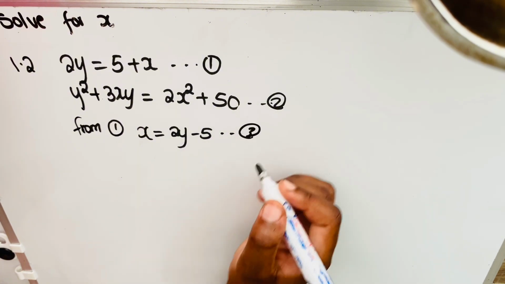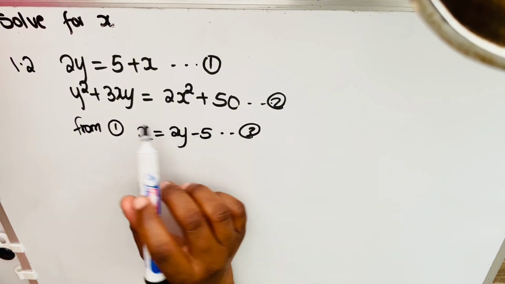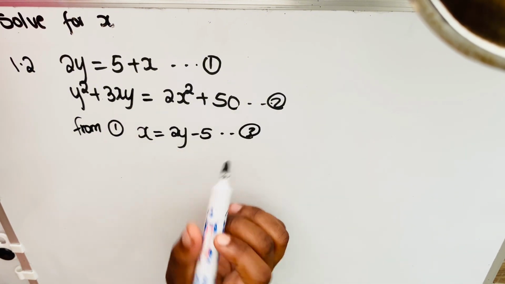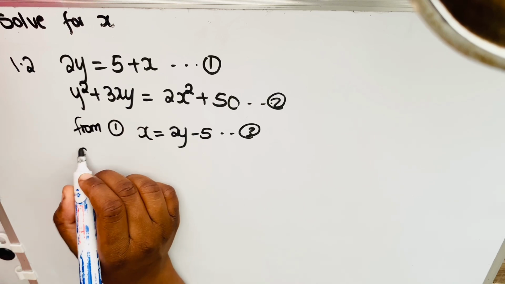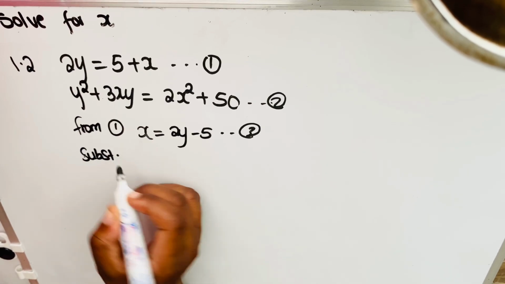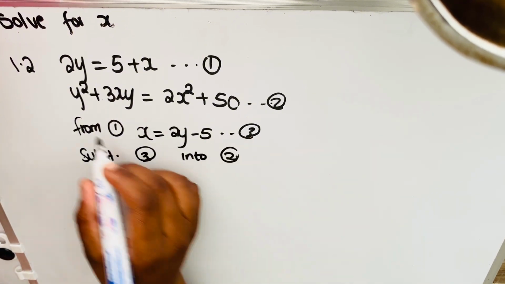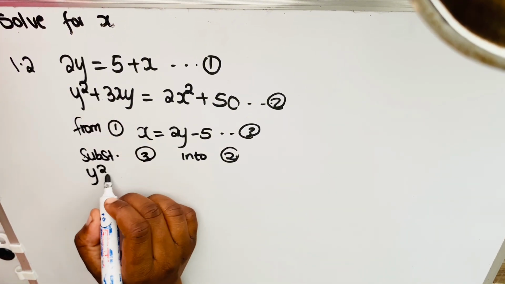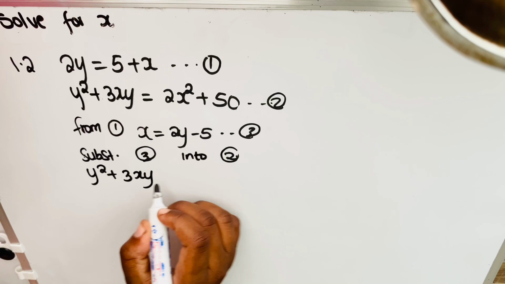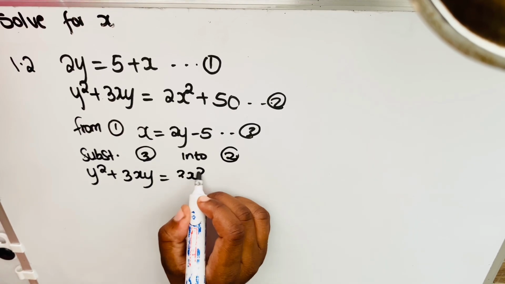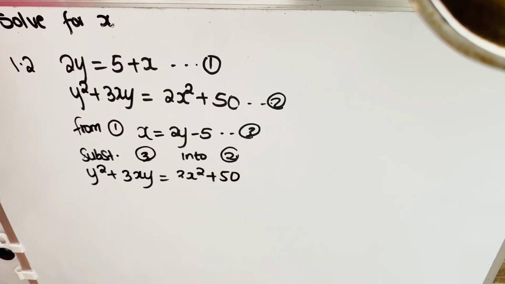This is equation 3. With equation 3, we'll substitute into the quadratic equation. So substitute equation 3 into equation 2. Equation 2 is y squared plus 3xy equals 2x squared plus 50.